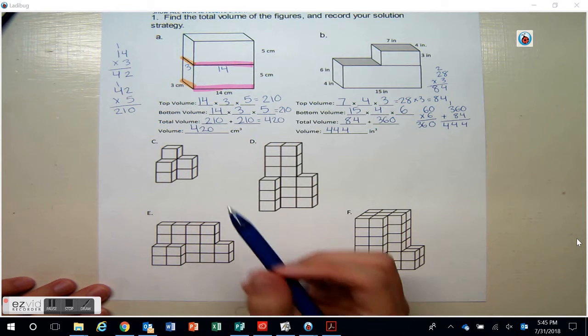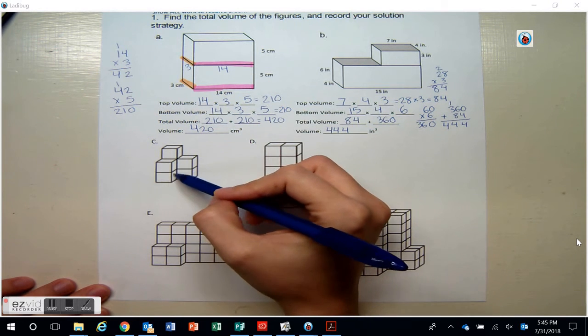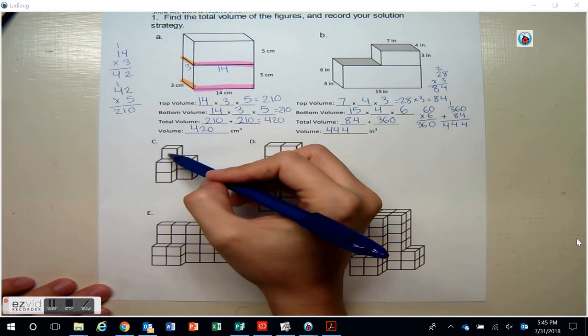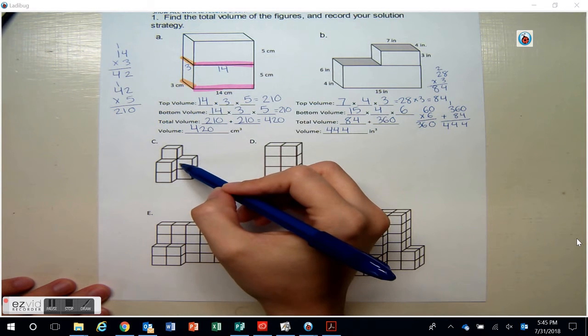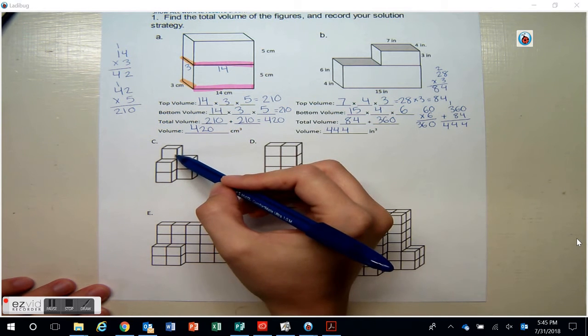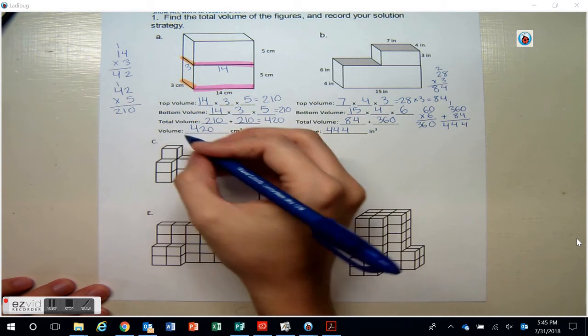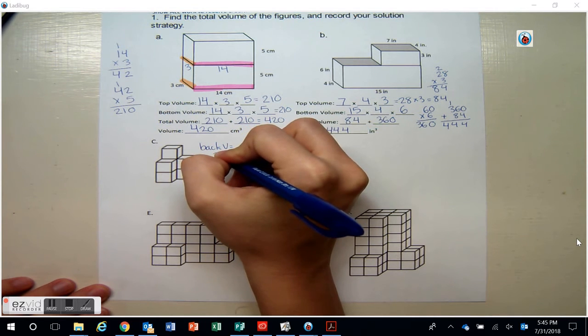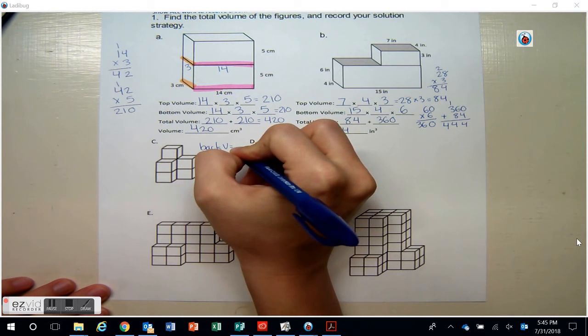This one I'm going to break it up like ones here, a second figure's here, and a third figure's behind, realizing that there's a cube behind this line here that I can't see. So that back prism is going to be 1, 2, 3. I'm going to write back. Back volume is 3 units cubed.